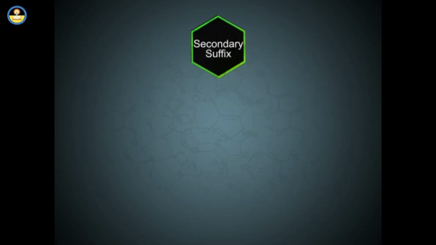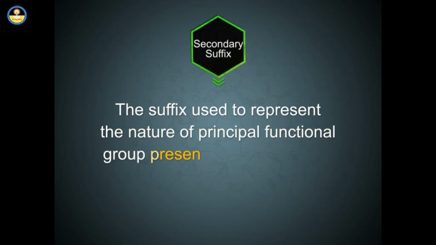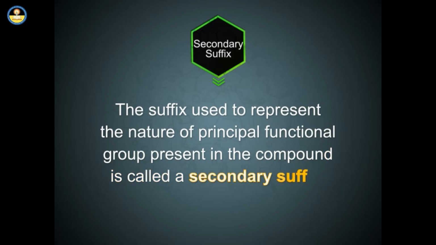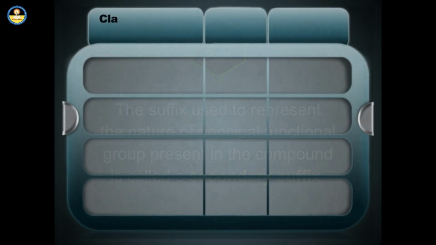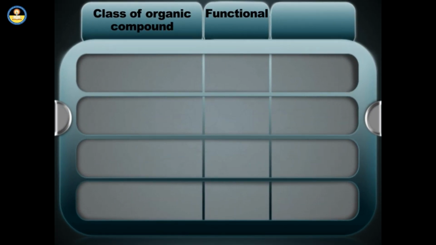Secondary suffix. The suffix used to represent the nature of principal functional group present in the compound is called a secondary suffix. Let us have a look at some class of organic compounds, functional group, and secondary suffix in them.